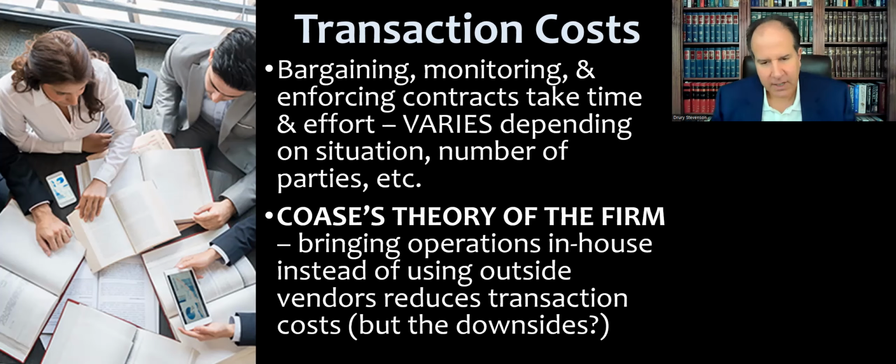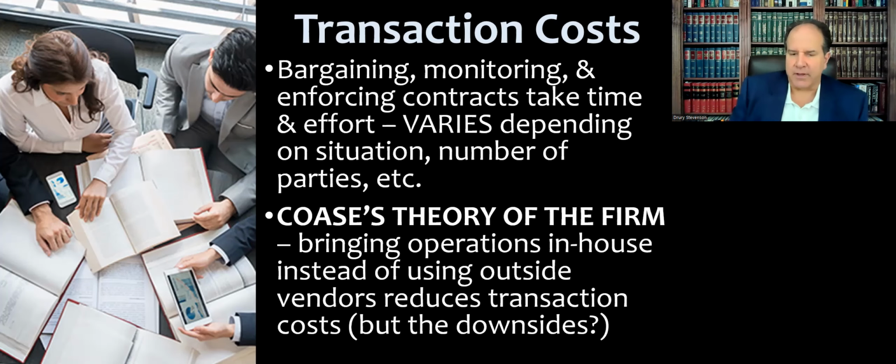Now, Uber is a special example, but in general, Coase said that it's often cheaper to bring operations in-house instead of using outside vendors, because it reduces transaction costs. And I'm going to give a very simple example. I want you to think about a law firm, right?